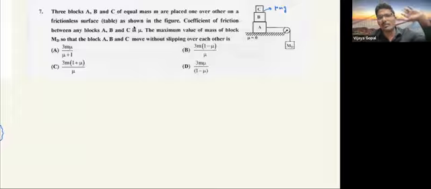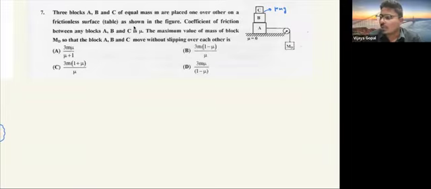Limiting means the maximum friction that it can get, which is mu N, and N is mg here. Mu mg by m, so the maximum acceleration for C not to slip is mu g. Till mu g there is no problem for C.